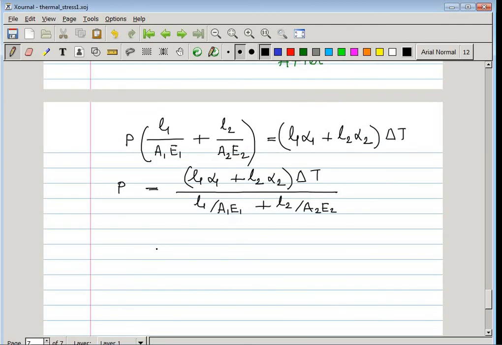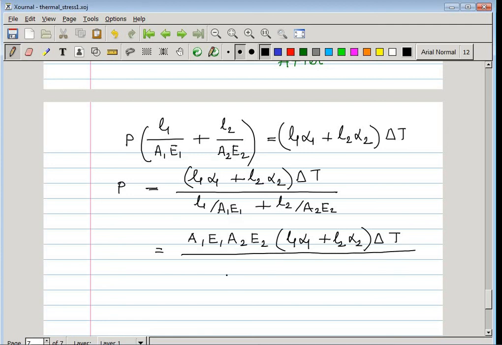So it's equal to A1 E1 A2 E2 L1 alpha 1 plus L2 alpha 2 delta T divided by A2 E2 L1 plus A1 E1 L2, and sigma 1, that is in the blue portion, is P by A1.